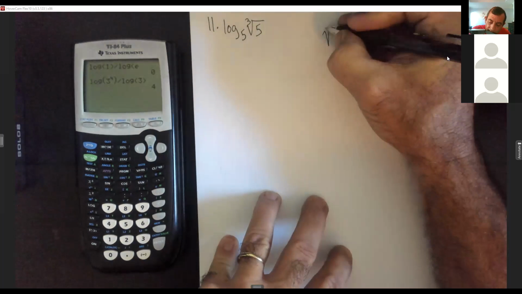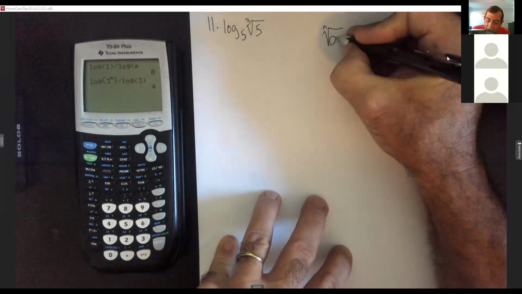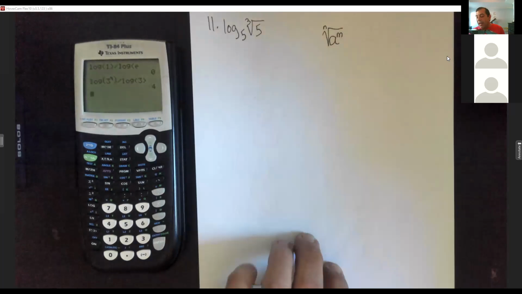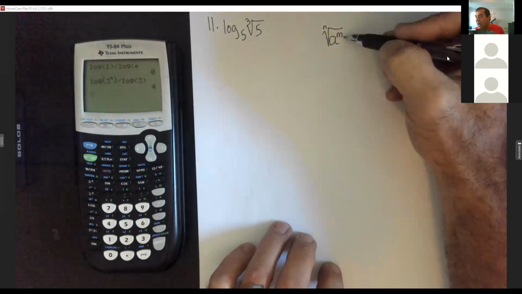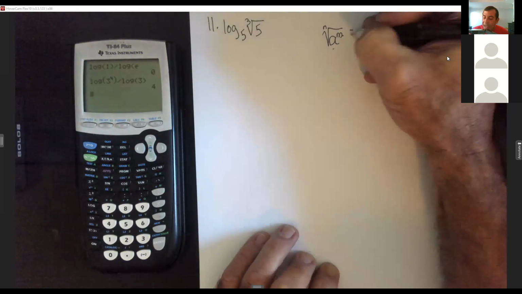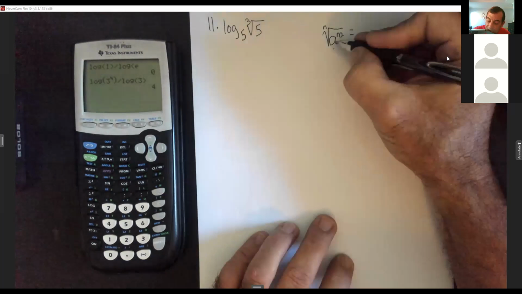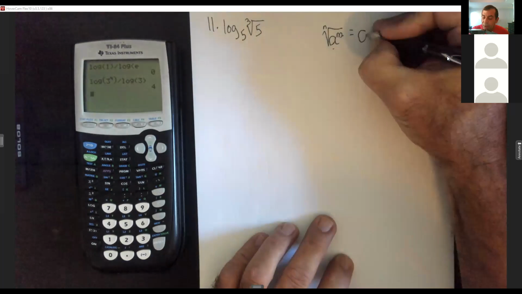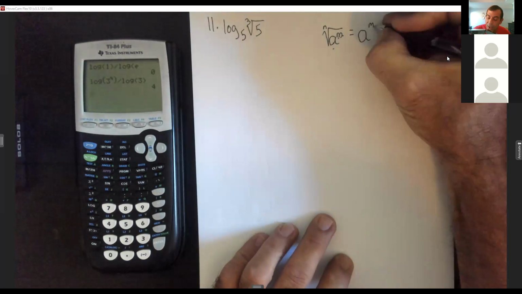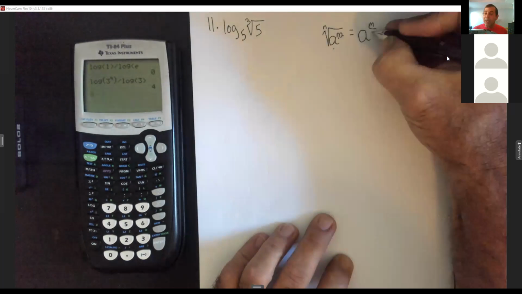I've got a radical with a root of n, and underneath, I've got a with an exponent m. Now, if there isn't an exponent there, it's automatically a 1. So to write a radical as a fractional exponent, you take the base, which was a, you take the exponent, which was m, and you divide by the index of the radical, which is n.